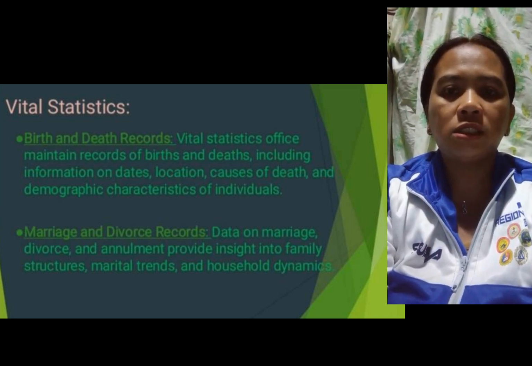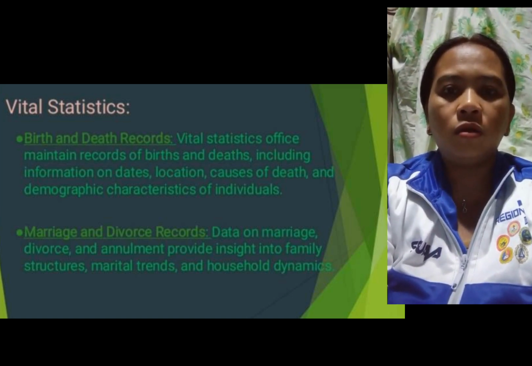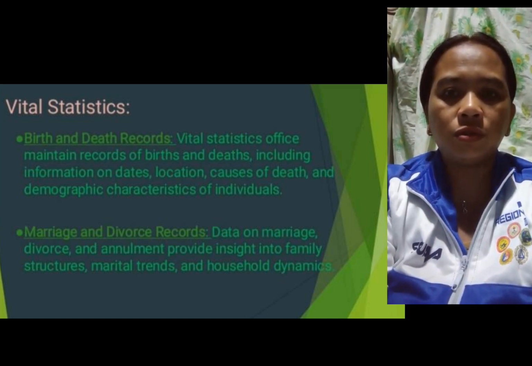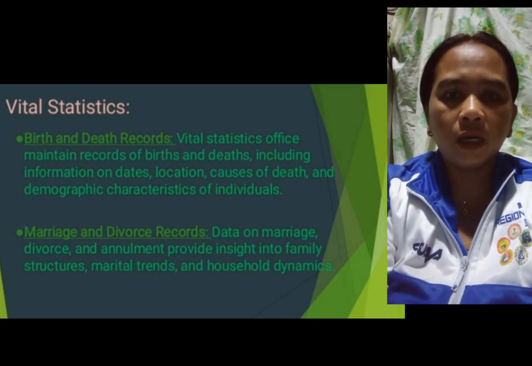2. Vital statistics. Included in this topic are the birth and death records and the marriage and divorce records. The birth and death records are the vital statistics offices that maintain records of births and deaths, including information on dates, locations, causes of death, and demographic characteristics of individuals.